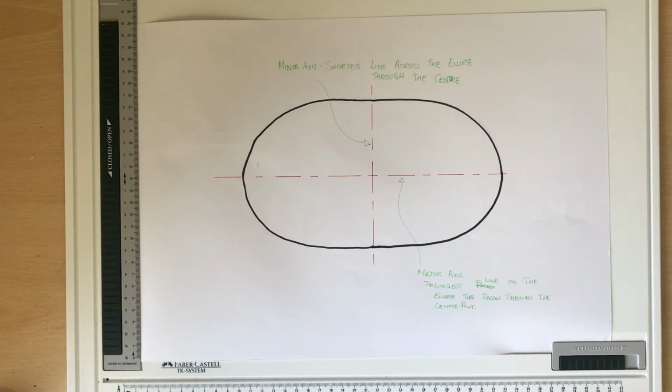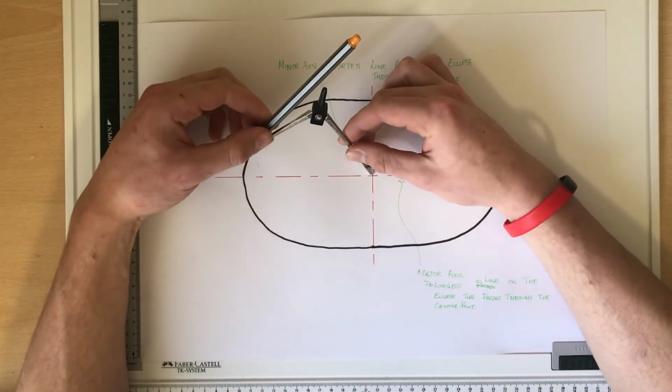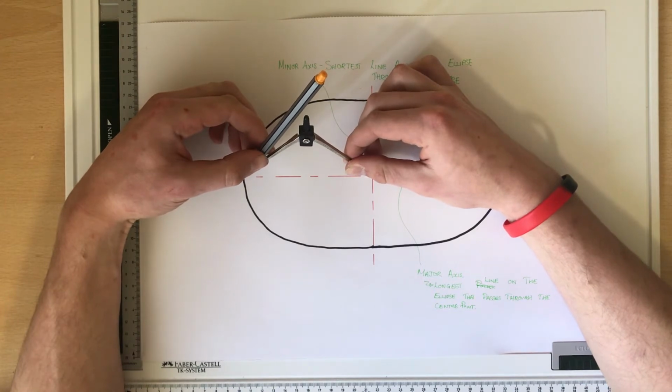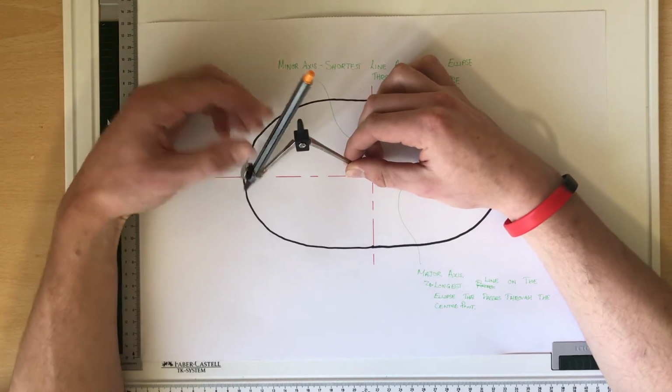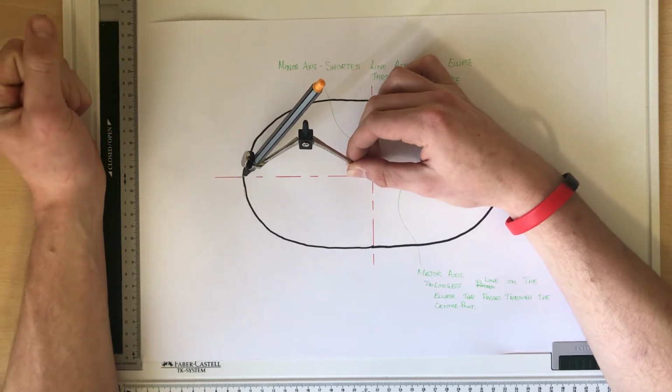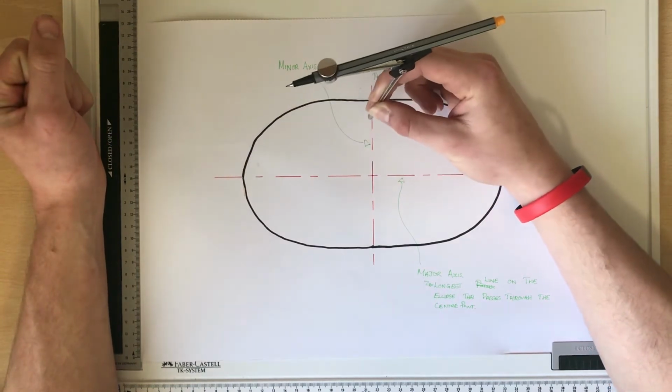Okay, so the next thing we want to learn about is the focal point. So the position of the focal point is got by getting the length of half the major axis. So if I stick my compass on the center point and my pen on the end of the major axis, I get half the major axis.